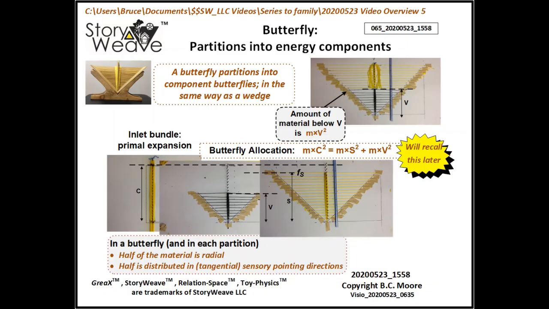M, a mass that is determined by the properties of that bundle, times c squared, which is, like before, the area of that wedge shape, that partitions into two smaller butterflies. One is the m times s squared, that we think of as the yellow partition there, and the other is m times v squared, which is the black one. Later we'll bring this back up because we're going to find later that it matches extremely well with the space-time story of relativity.